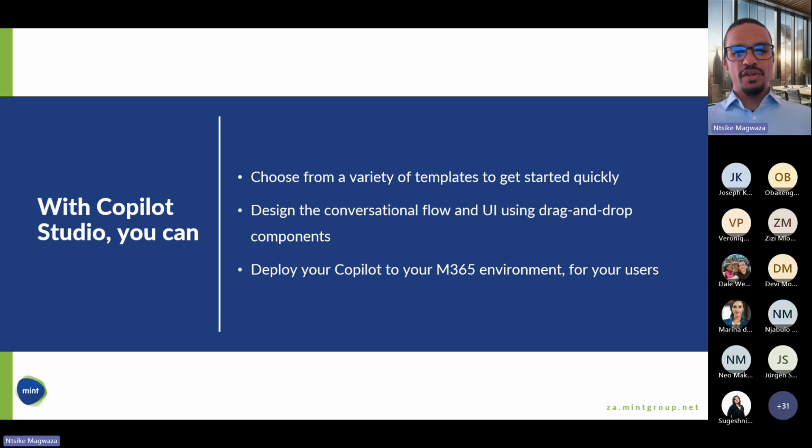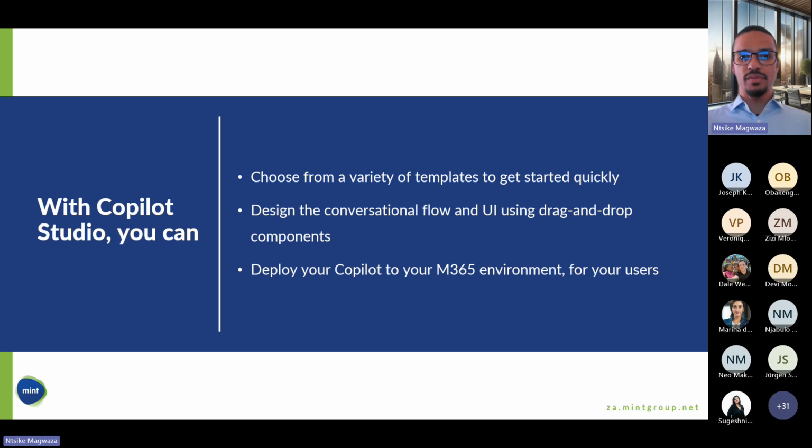With Copilot Studio, there are a few different things you can do. Starting off, you can work with a variety of pre-built templates that can help you and your team get a Copilot up very quickly. You can also design the conversational flow using a simple drag and drop interface.